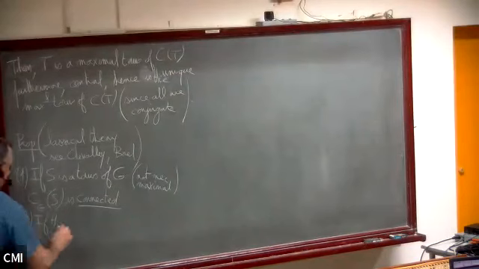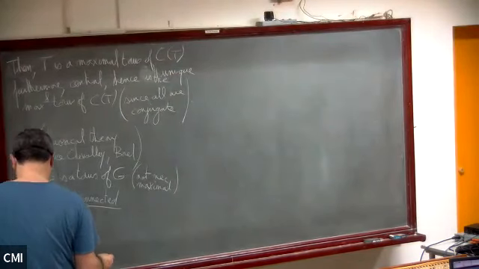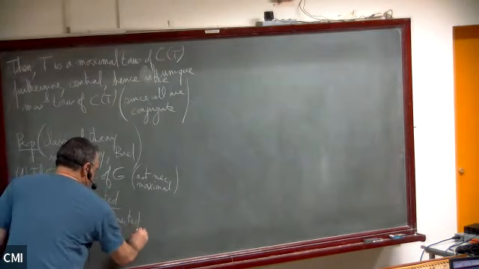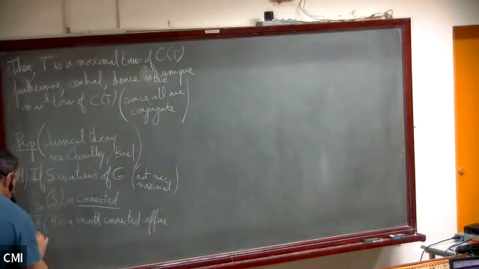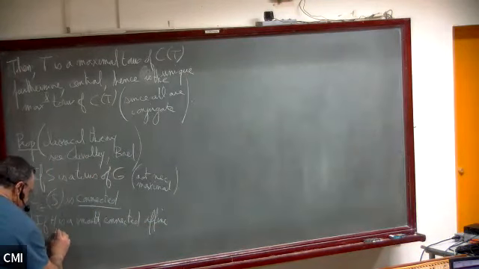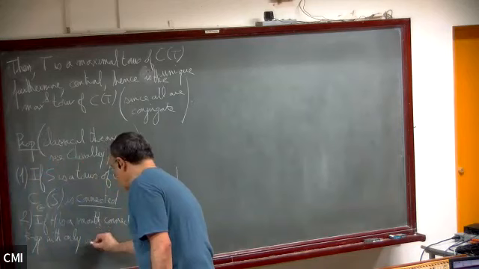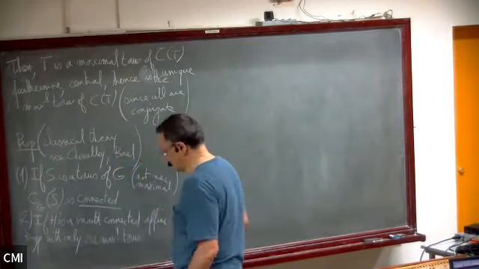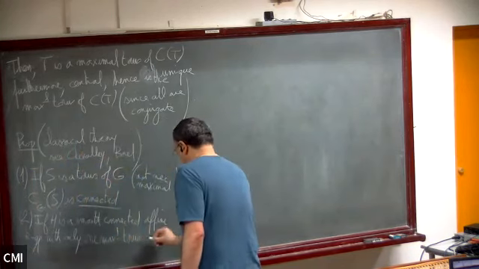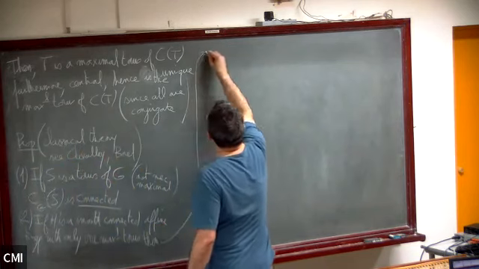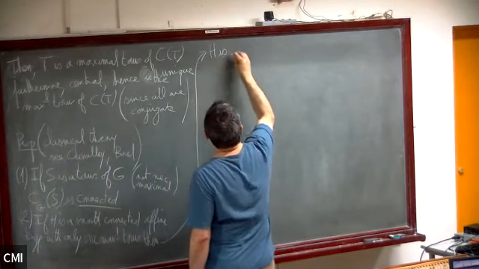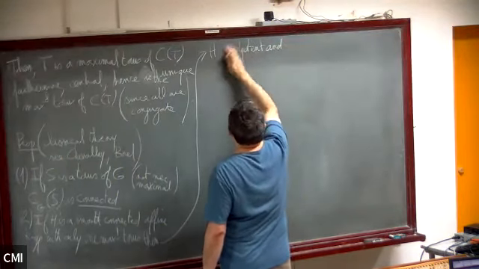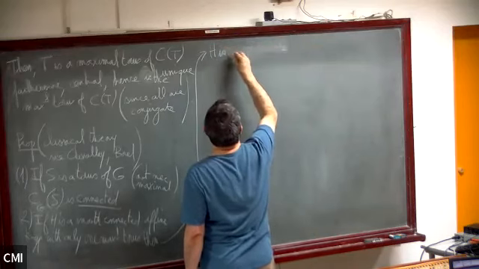And the second result: if H is a smooth connected affine group with only one maximal torus, then H is nilpotent, and well, then H is the direct product.